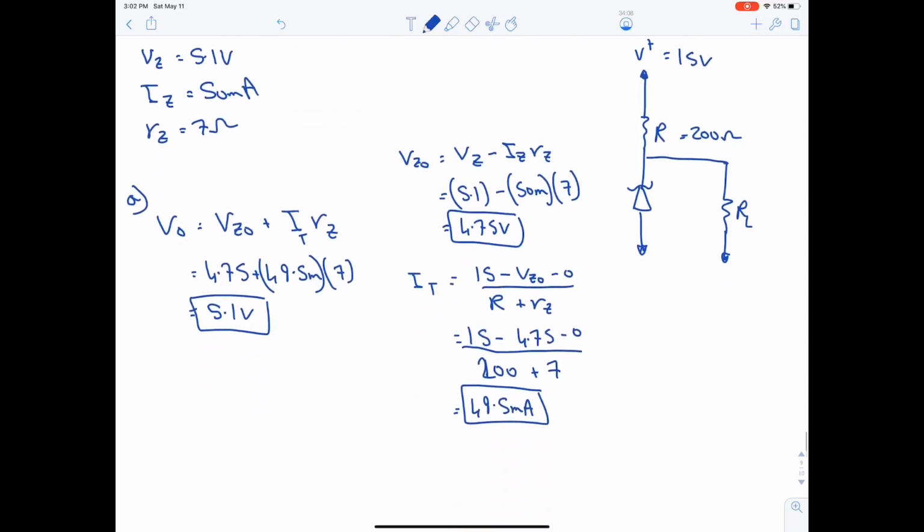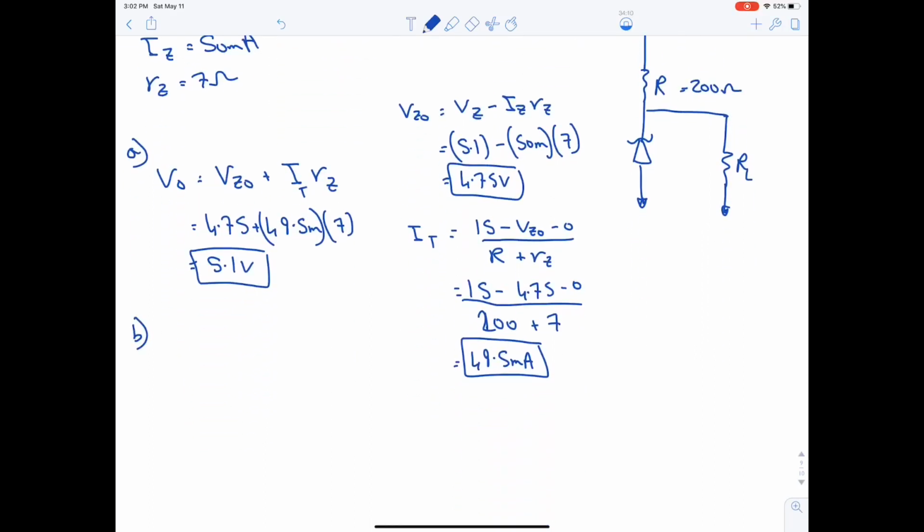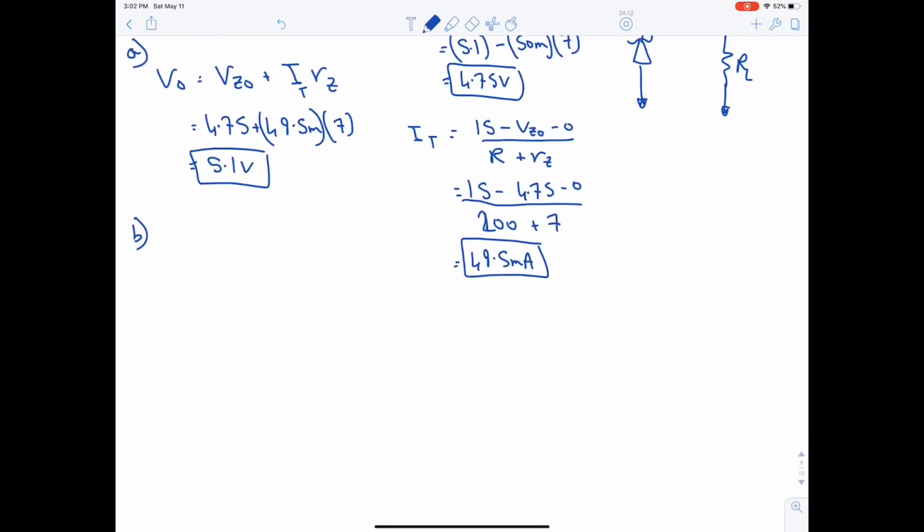Okay, so part B, we need to find the line regulation. Line regulation is in AC, so here we have to kill DC. The question did not give us any information about the AC voltage, so we'll keep it unknown. This is 200. This is Rz.